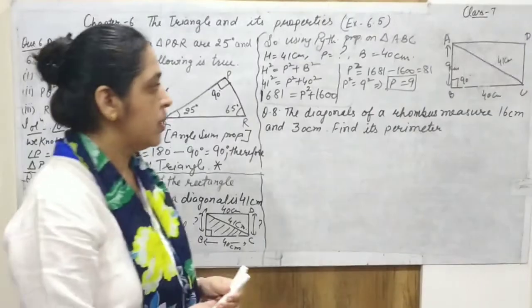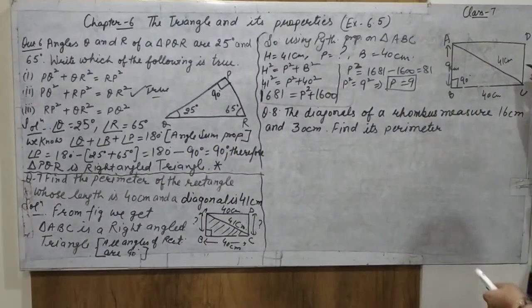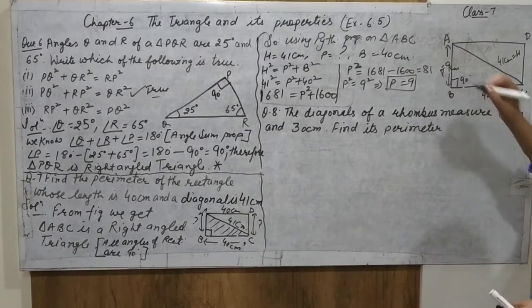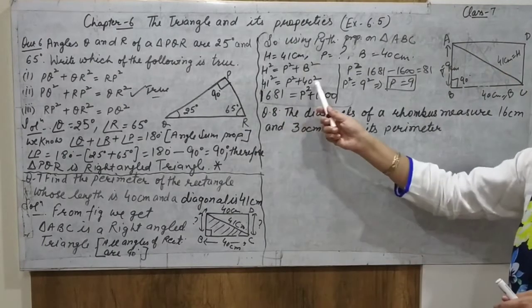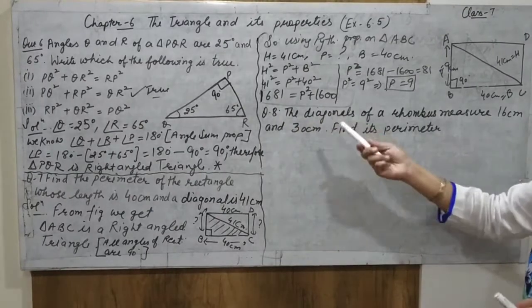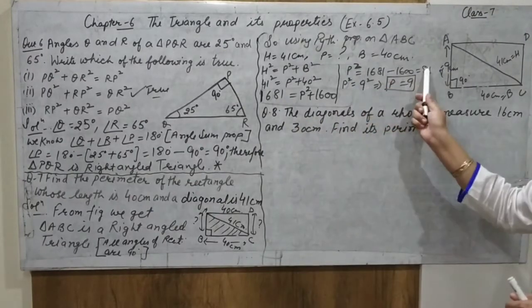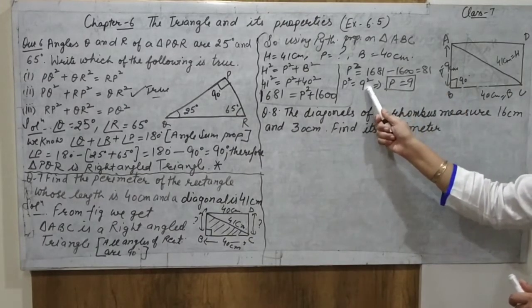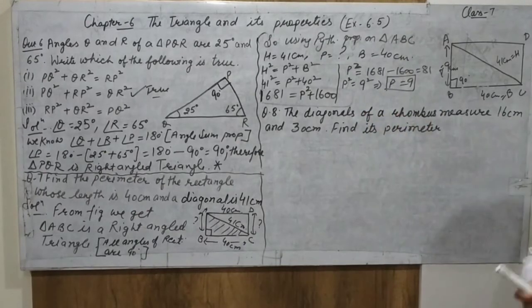H is 41 because in the right angle triangle only the longest side acts as h. This is base, and this we don't know. After solving the equation, we get P square is equal to 81. 81 is perfect square of 9, so P square is equal to 9 square. That's why P is equal to 9.